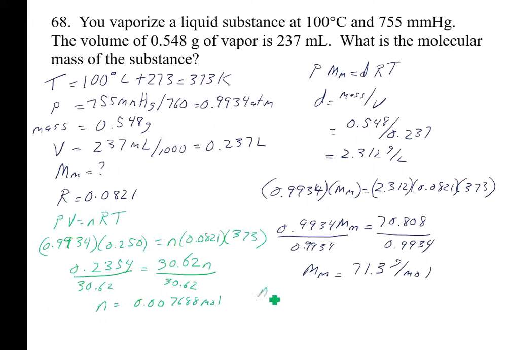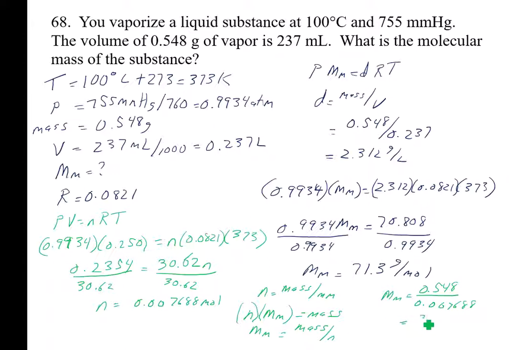So if I take n is equal to mass divided by molar mass, multiply both sides by molar mass first, so n times molar mass is equal to mass, and then molar mass is mass divided by n. So my molar mass is equal to 0.548 grams divided by my n, which was 0.007688, to give me still 71.3 grams per mole.